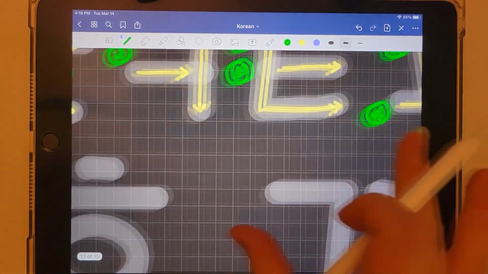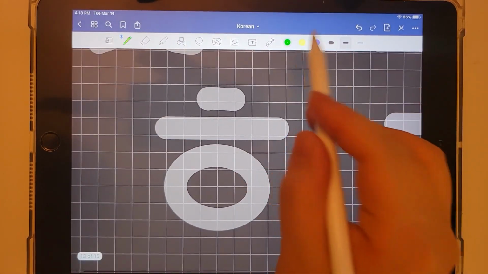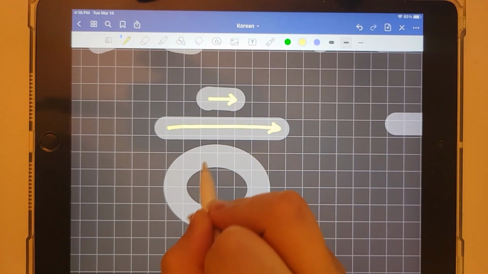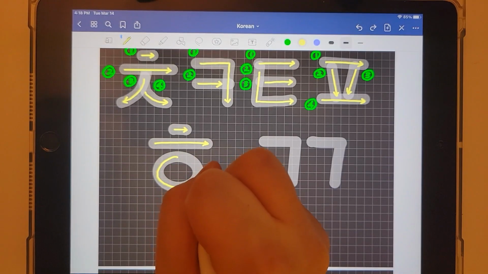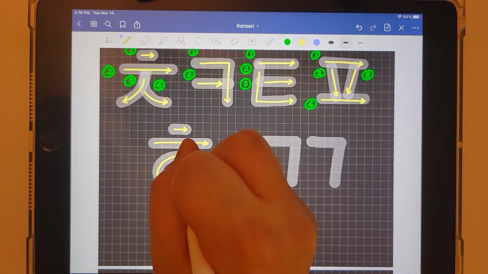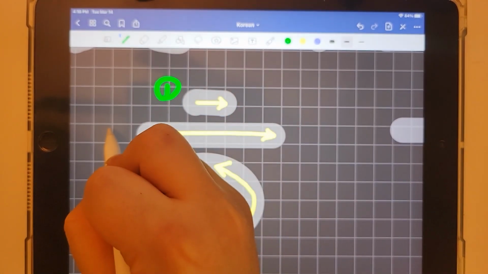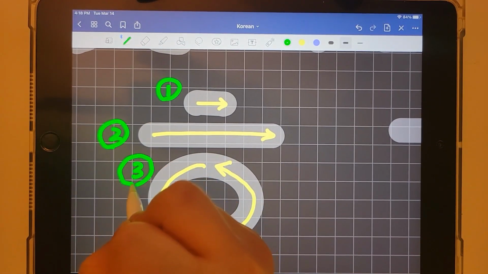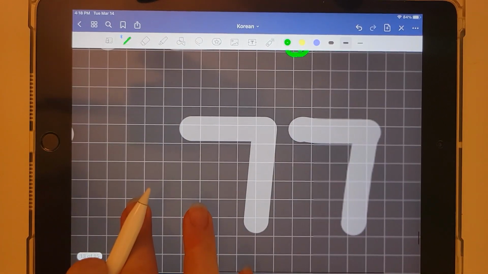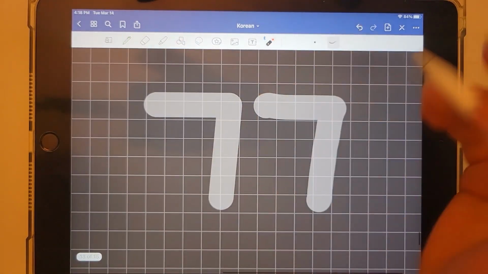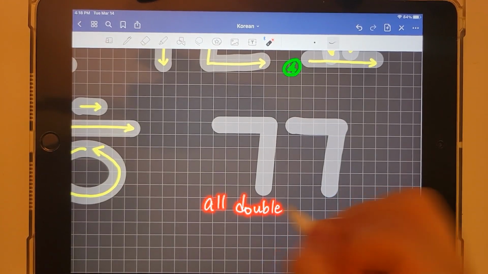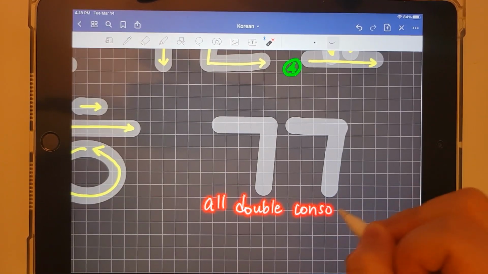You could write those 2 vertical ones just completely straight as well, that's completely fine. Next we have E, which is 3 strokes, a dash, a horizontal, and a circle. Alright, and this one I am showing you guys for an example for all double consonants.